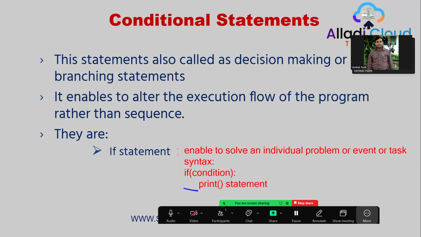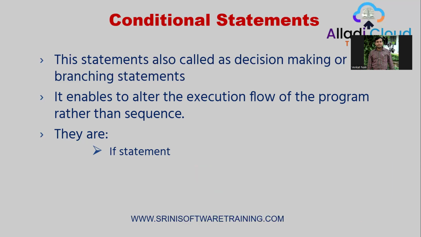It is called indentation. Alignment, we can say. You have to align the program in an appropriate manner such that the body of the if, and what is outside the boundary of the if, will be determined by the Python interpreter. Clear? Great.